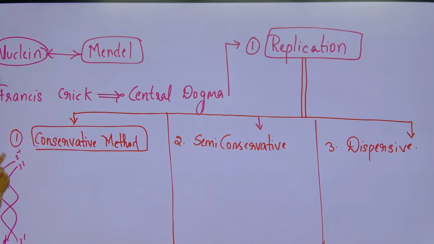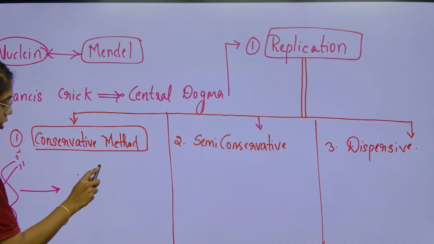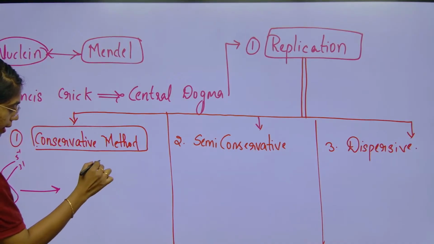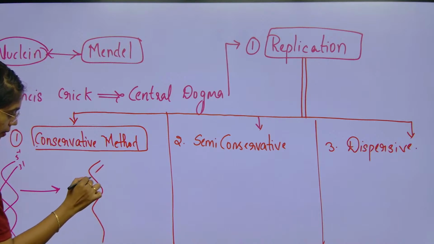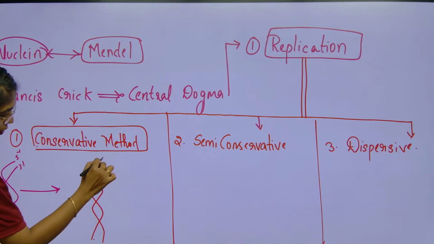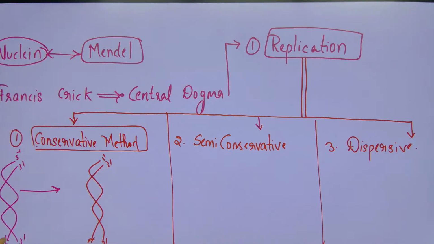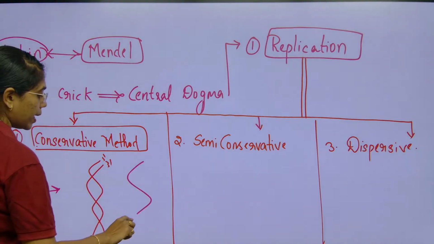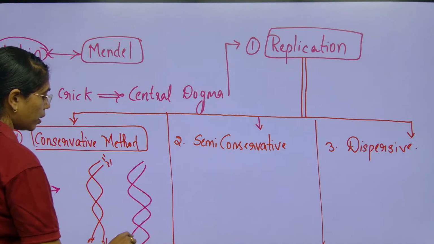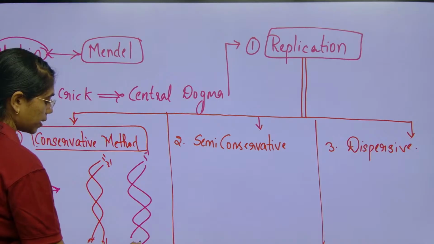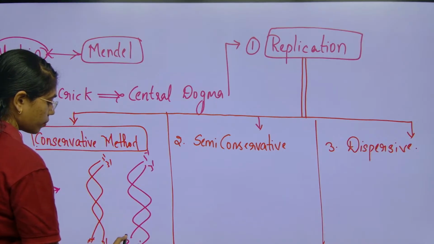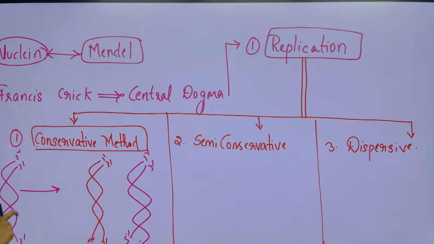So, this parental DNA is cloned as it is to a daughter DNA like this, from 5 prime to 3 prime, 3 prime to 5 prime. Got it? So, at the end you can see one parental DNA double strand and one daughter DNA double strand. The double stranded parental DNA gives rise to a double stranded daughter DNA.